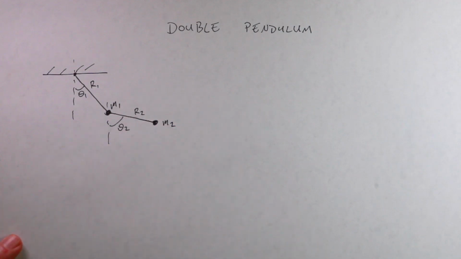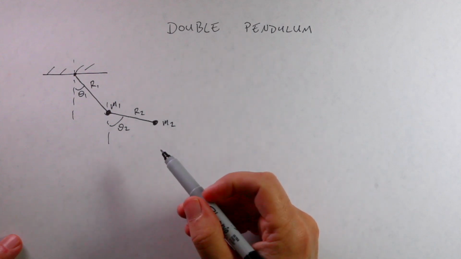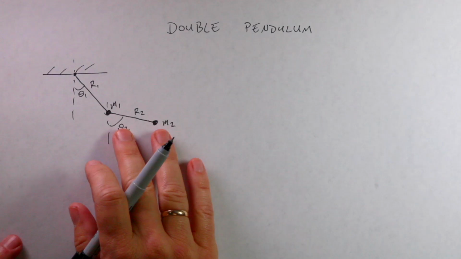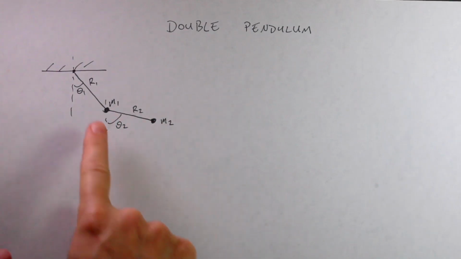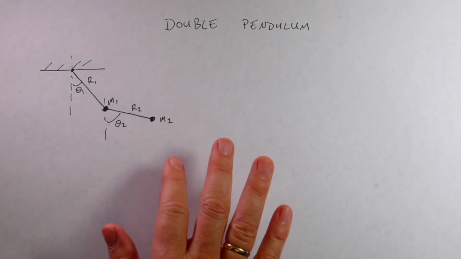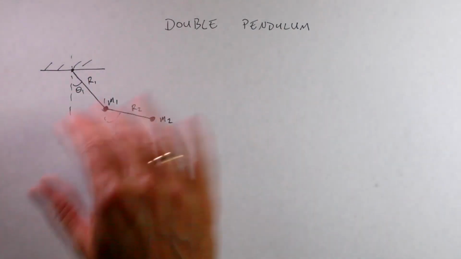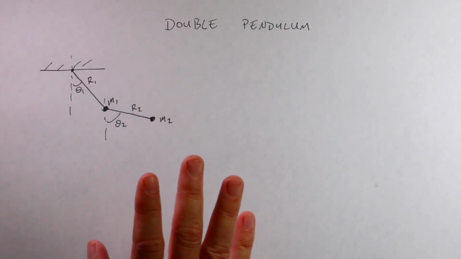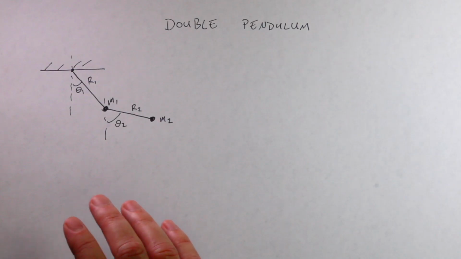Okay, so why is this a difficult problem to model? Oh, let me say, why is it popular? One of the things that's nice about the double pendulum is that you can actually build one of these fairly easily. You can't actually use string because it won't be constrained into 2 dimensions. You'll actually move in 3 dimensions, which is cool too, but that's not actually what we think of as a double pendulum.